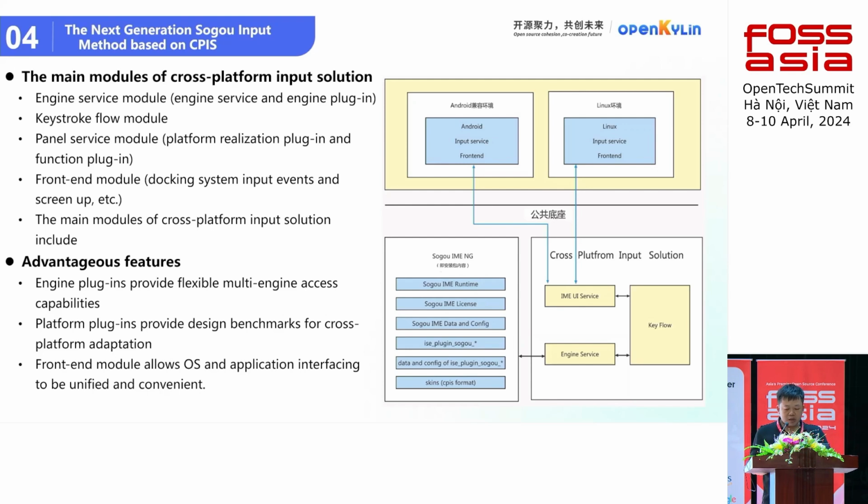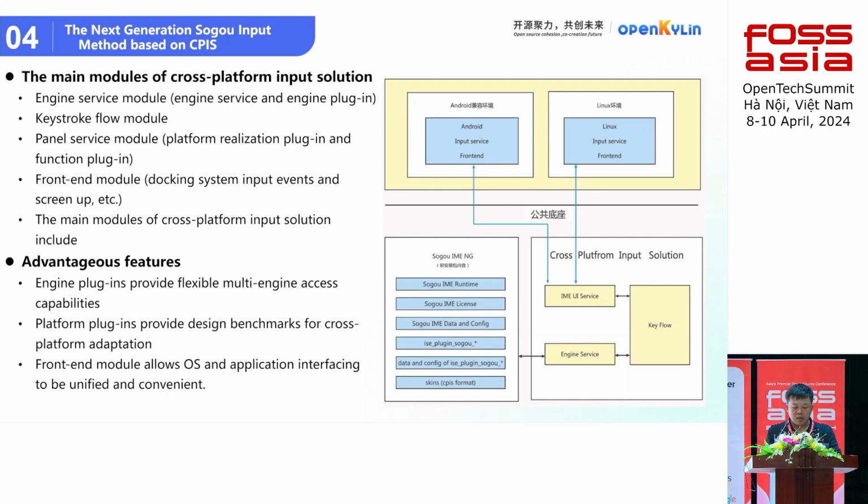The panel system module allows for customization and supports various plugins. Lastly, the front-end module connects everything and makes sure the input method works smoothly across different platforms and devices.